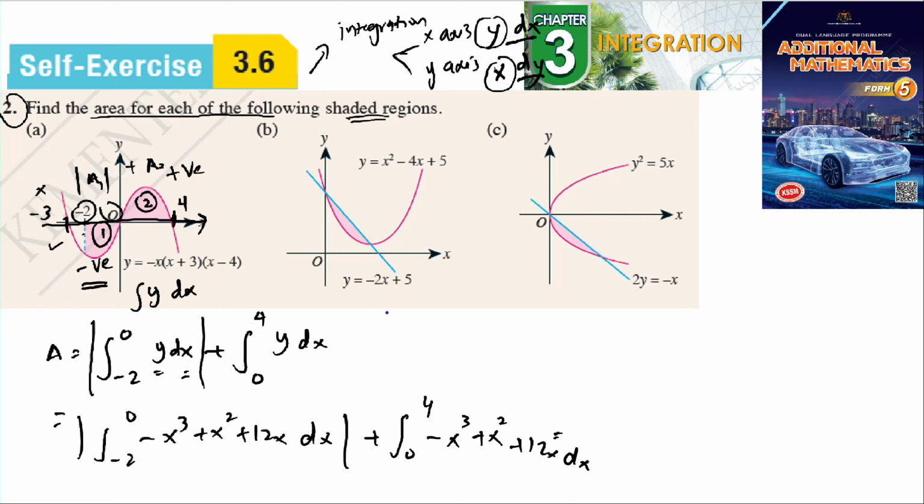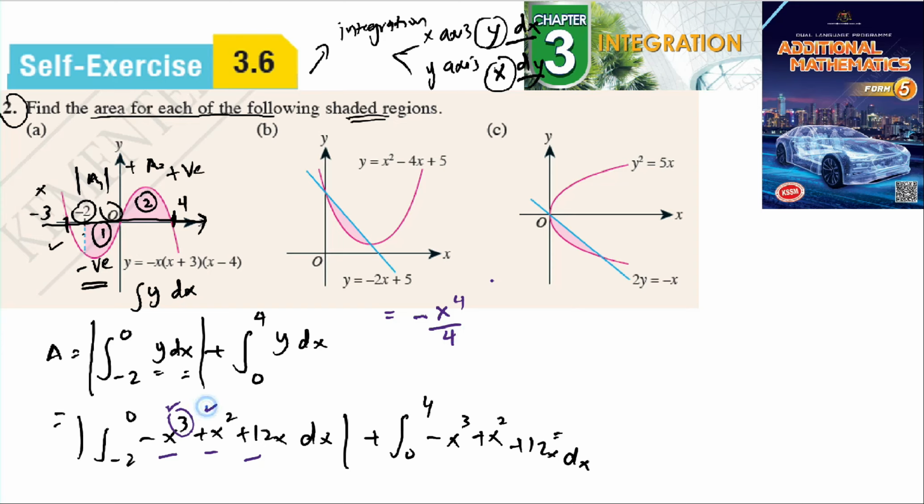Okay, so now you can integrate. So you see here, this one is easier for you to integrate. So we start with negative x cubed first. So we know that negative is actually negative 1. So it is a constant. Constant won't be affected. You just write negative. So for x cubed, you add 1 to the power, you will get x to the 4 divided by the power.